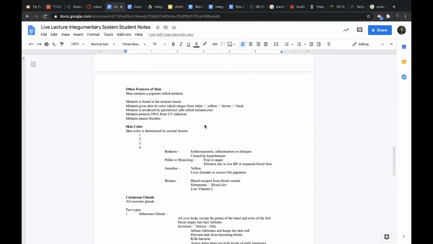It protects DNA from UV radiation. Which means they produce more melanin, where like my ancestors are all from England.